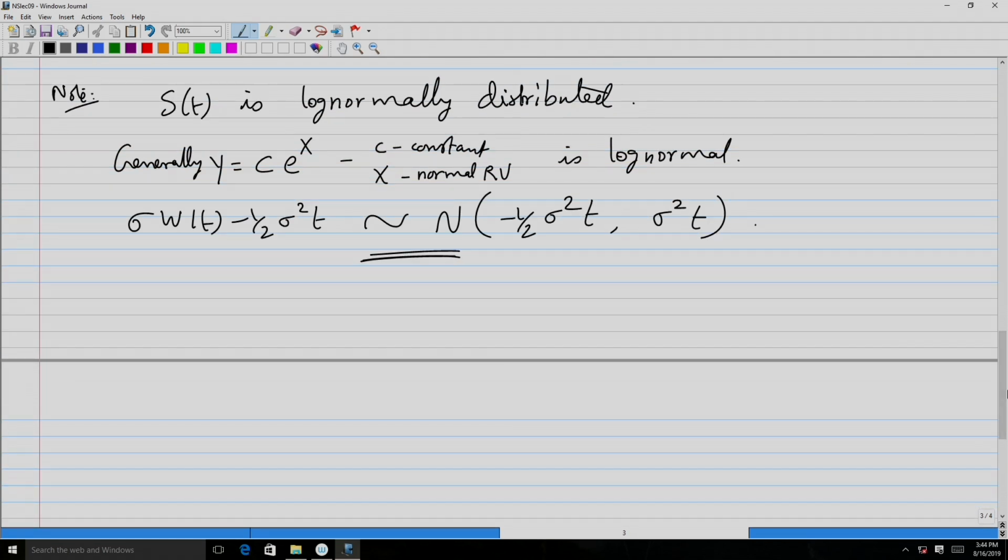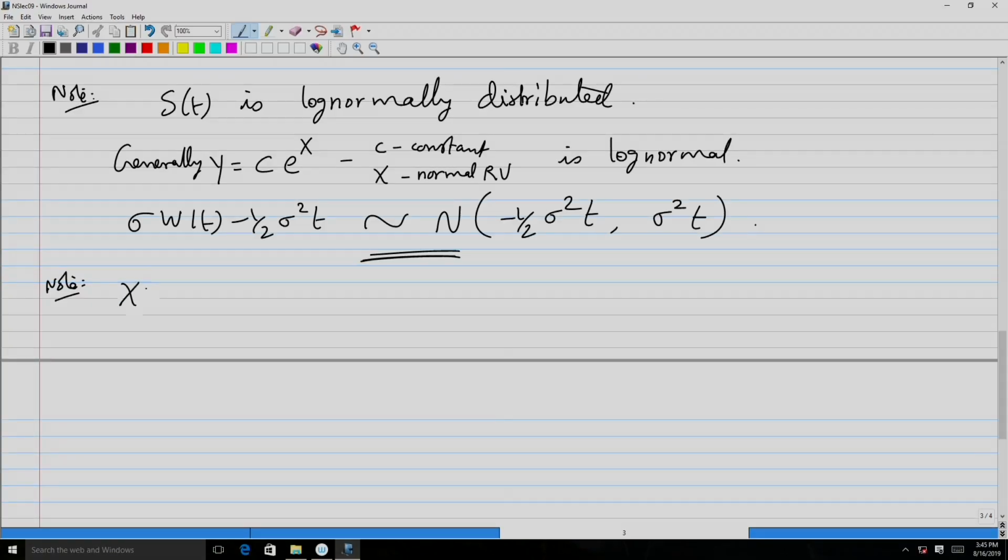Now, while working with that, we need again some note. We call this the MGF of a normal random variable, which is convenient in many places in our calculations. So, let us give it as an expression.